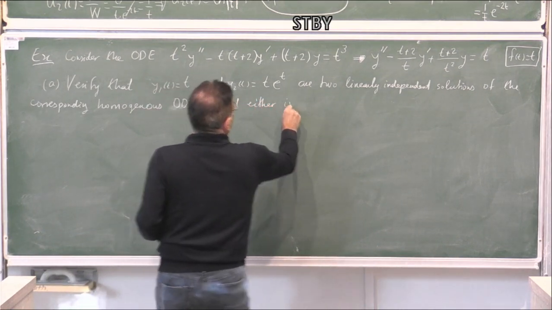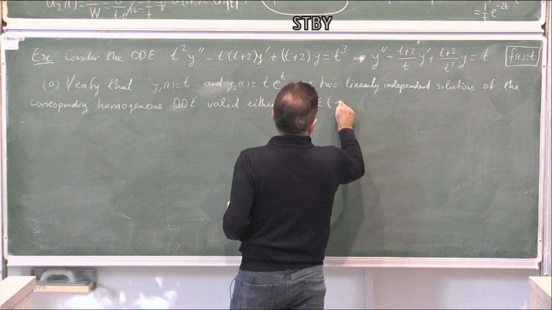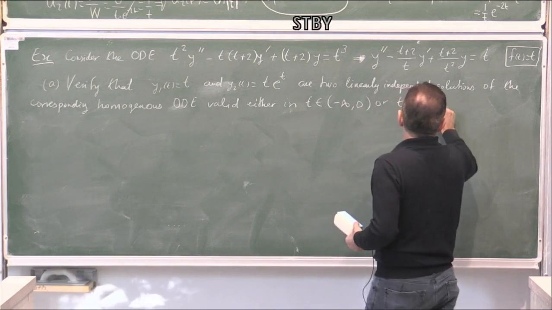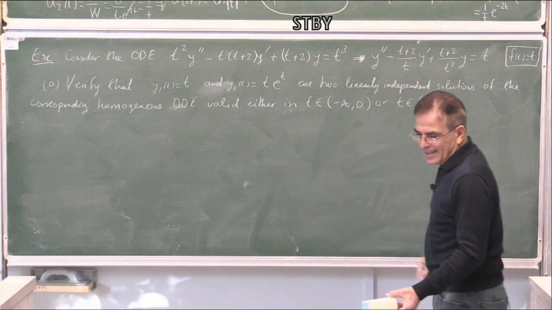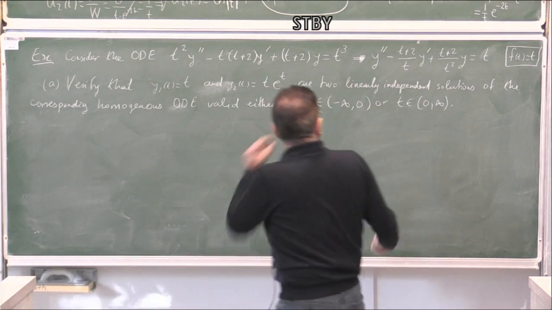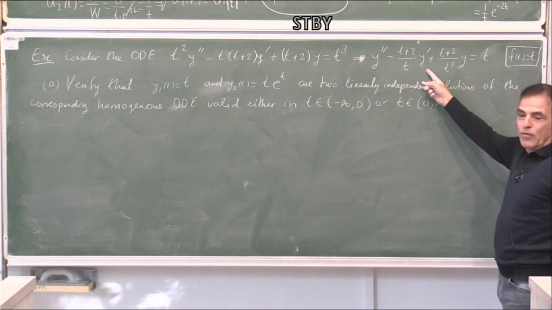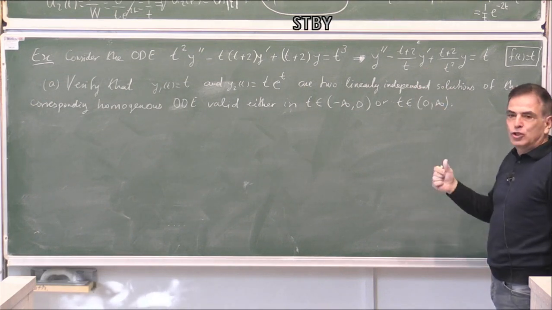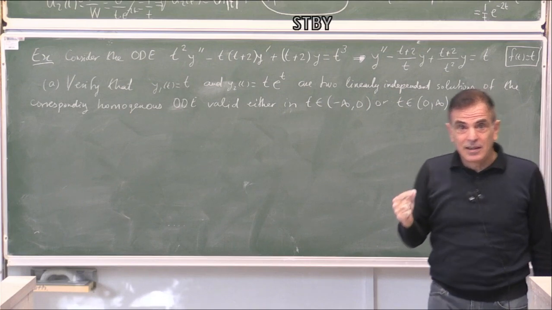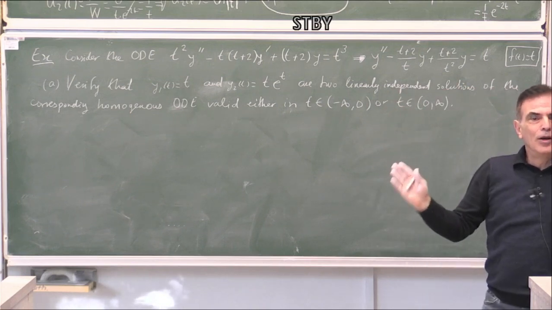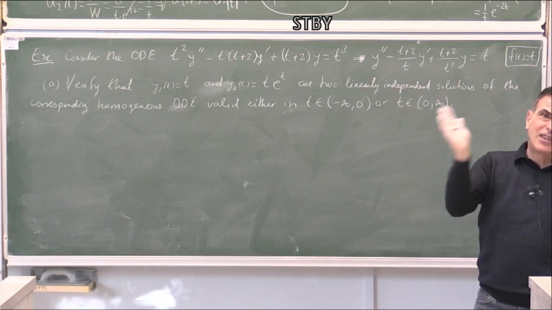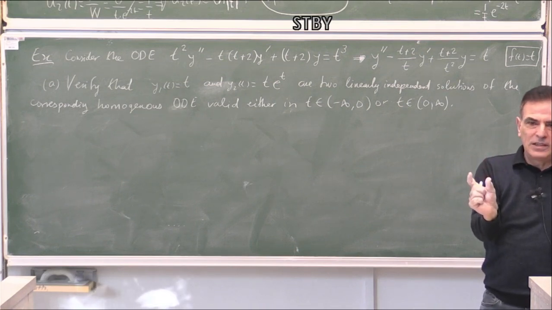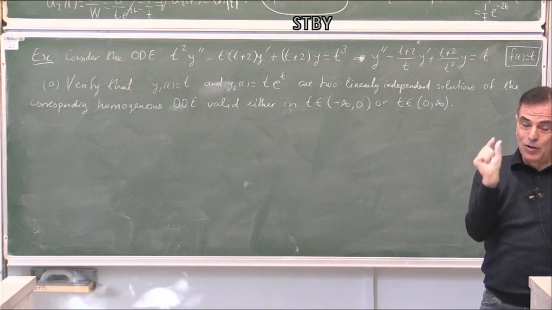either in this interval or in this interval. Again, as you see, the coefficients are undefined at the origin. So again, a solution is sure to exist for positive values of t or for strictly negative values of t. Good? Or in some t interval which does not contain the origin.